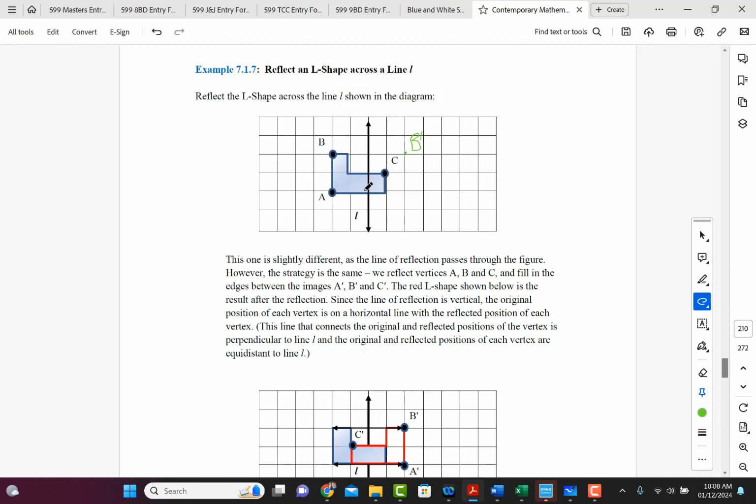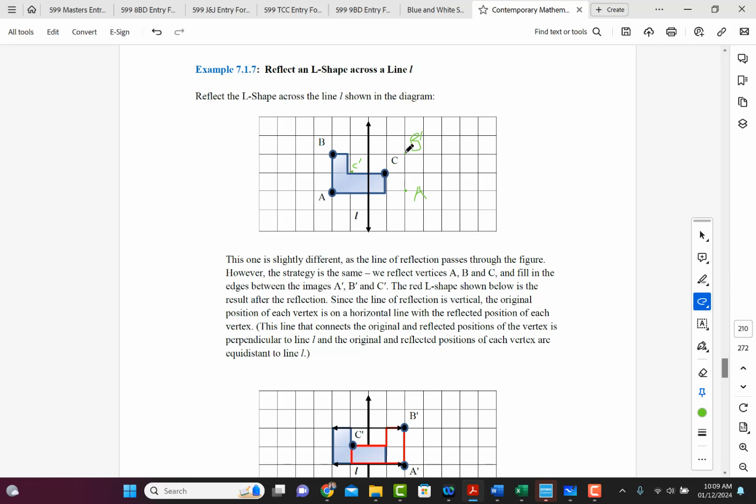A is going to flip across to here. And then C is going to flip across to here, to C prime. And so what do we get?